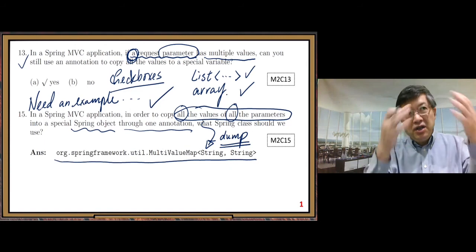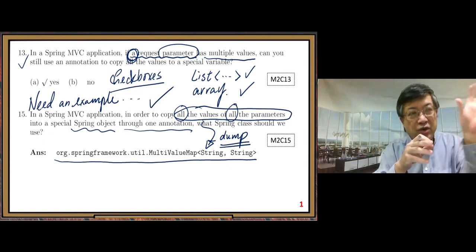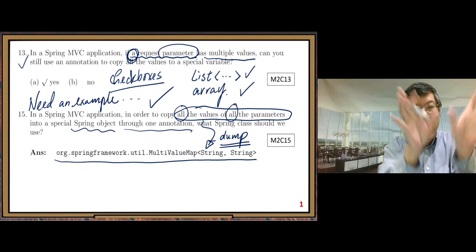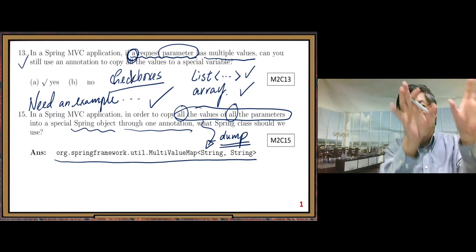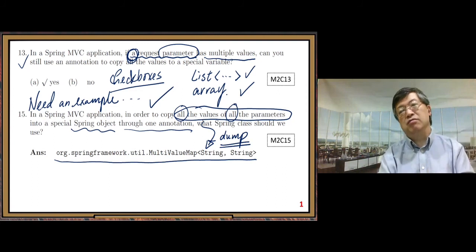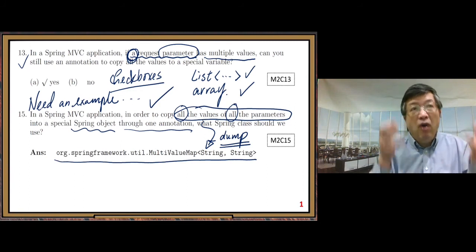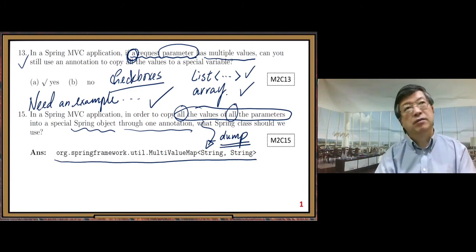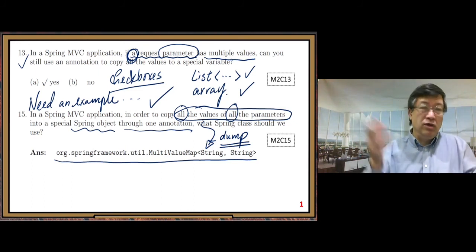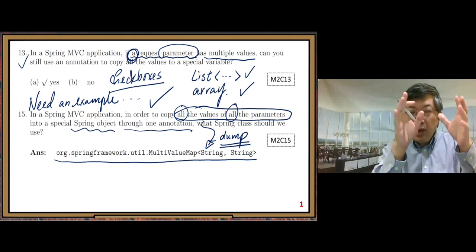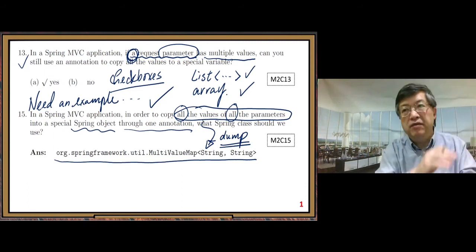But inside your method, you need to retrieve selected parameter values. Definitely, you may not need to retrieve all the possible values, right? So many times, some of the values you do not need. So you just copy selected values.